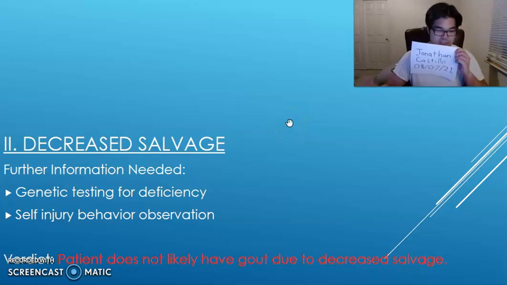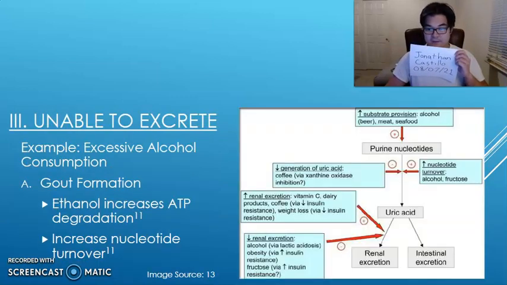So a genetic test would help to determine if there is a deficiency in a salvage enzyme. Further observation of the patient could also be done to see if any self-inflicted injury occurs. More information is needed, but it does not seem that the patient has gout due to a decrease in purine salvage. Thus, likely the best explanation for the specific presentation of gout is decreased urinary excretion of uric acid.